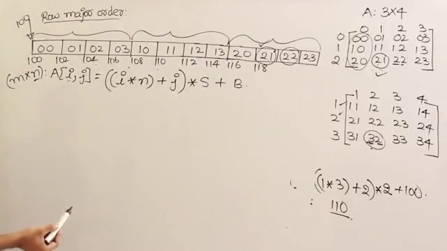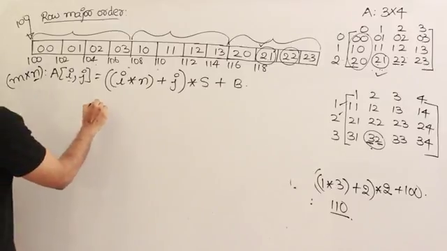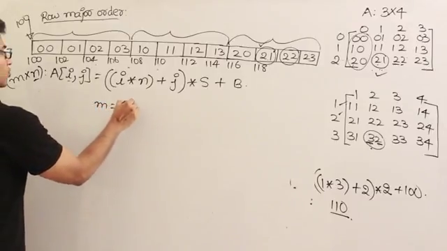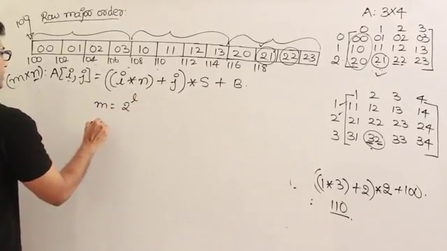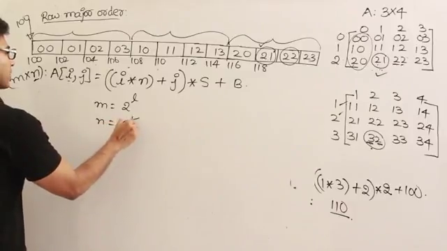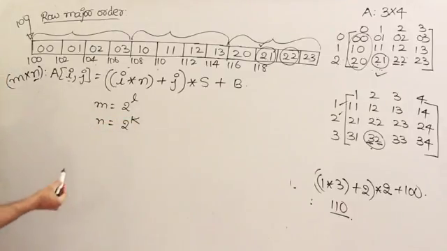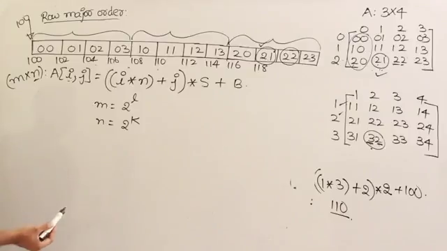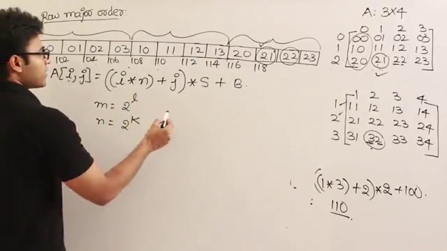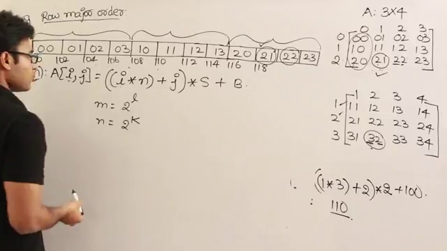Now I want to find out the address, right? So now I am assuming that m is 2 power l and n is 2 power k, which means the dimensions are represented using powers of 2 without loss of generality, right? And now what about I? The I is nothing but the row number.